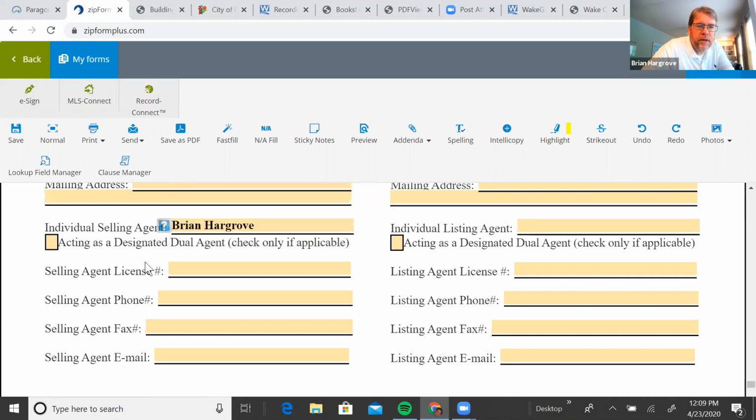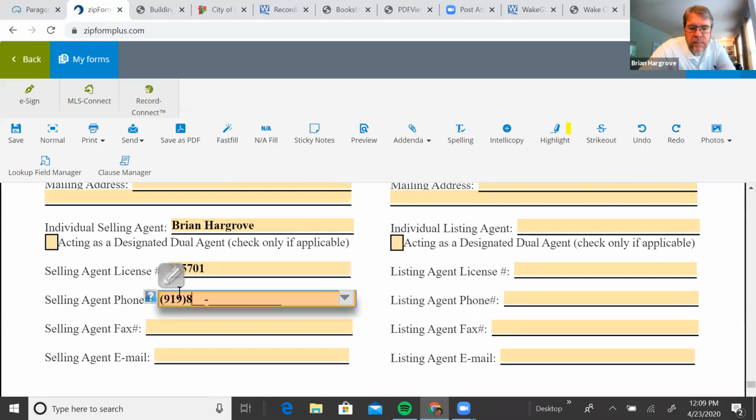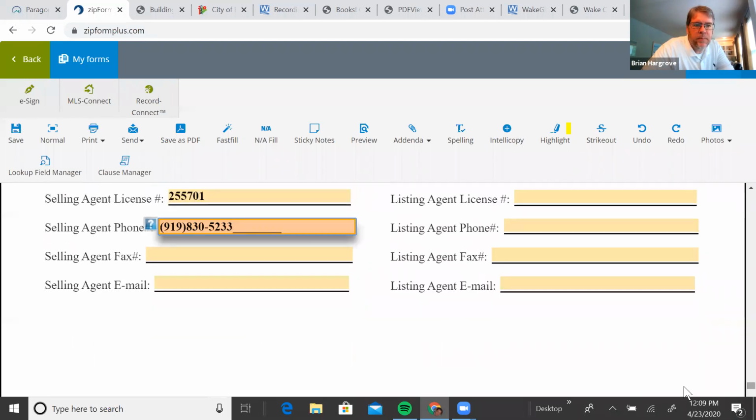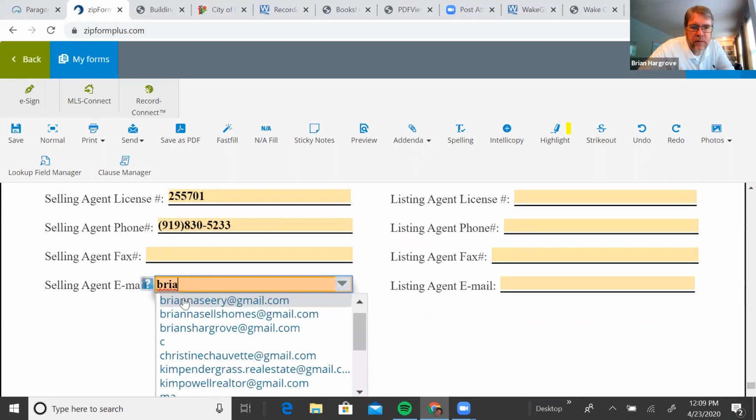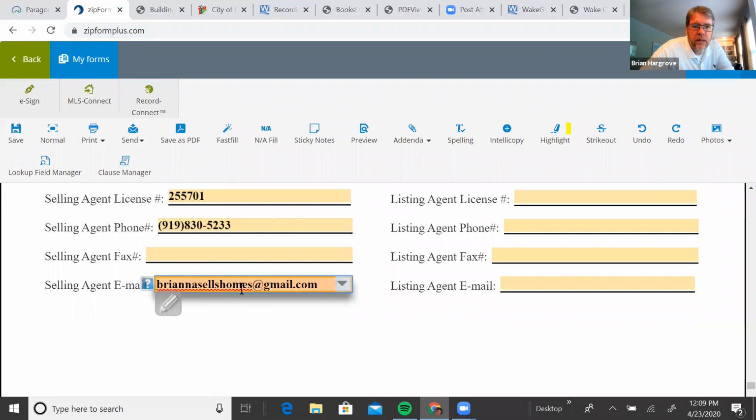I am going to put my license number. And I'm going to put the number that I want them to be able to communicate with me. And I'm going to put my fax, if I want to use a fax, and I'm going to certainly put my email, right?